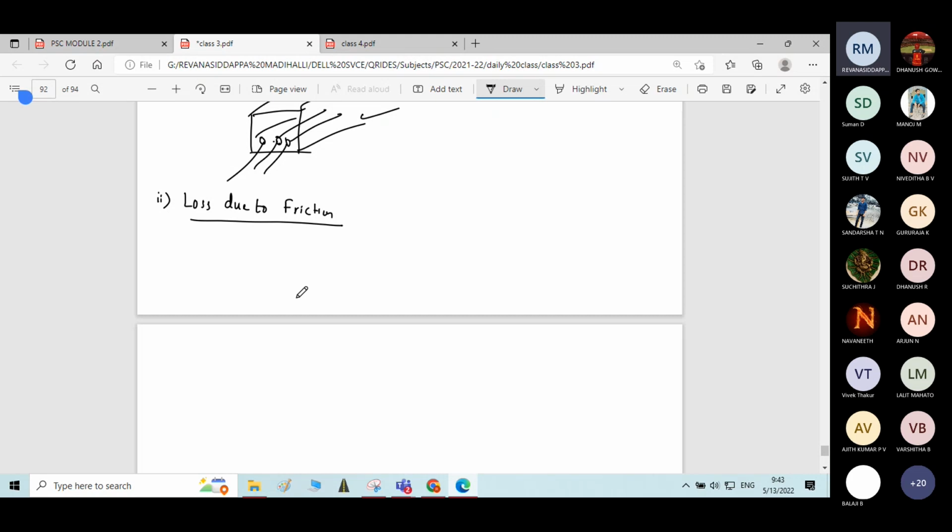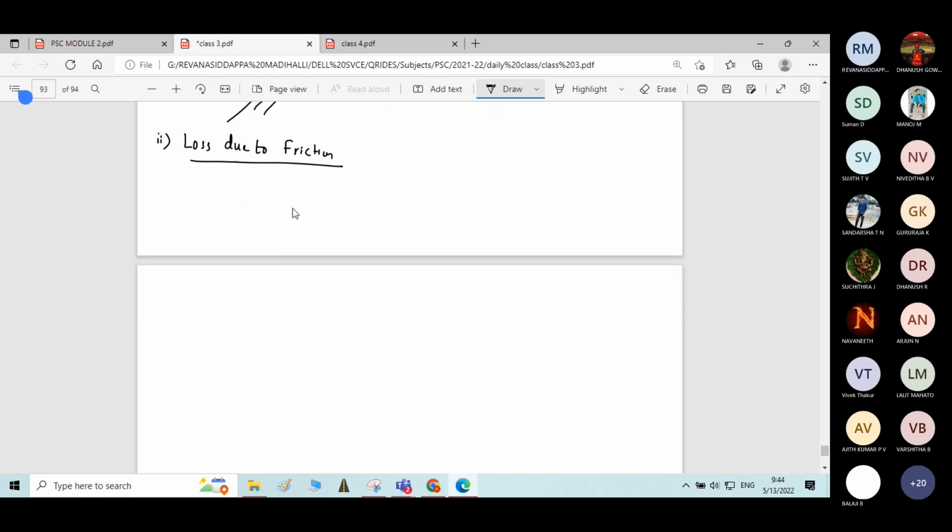Coming to the loss due to friction for a pre-tensioned concrete beam, we will not calculate loss due to friction. You just remember the process of pre-tensioning in concrete.